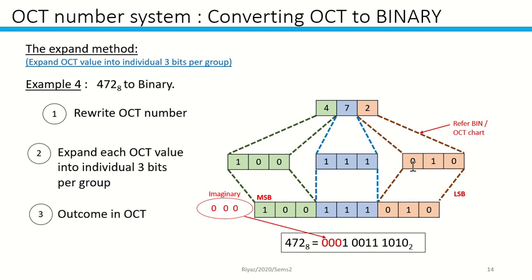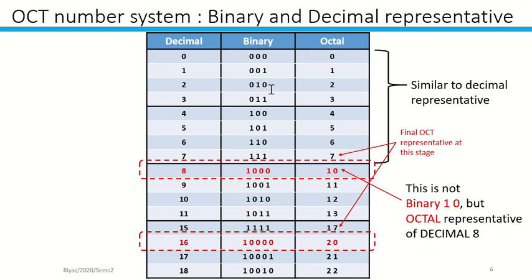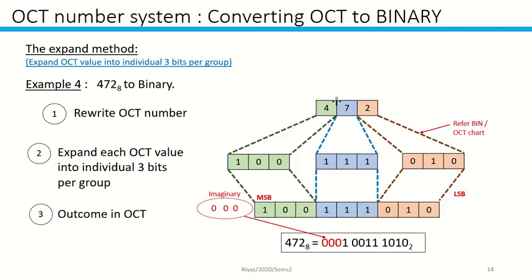So 2 is 0, 1, 0. So you can always check your chart. Your octa is 2, so your binary is 0, 1, 0. You can use it over there. And then 7 is 1, 1, 1, and 4 is 1, 0, 0.